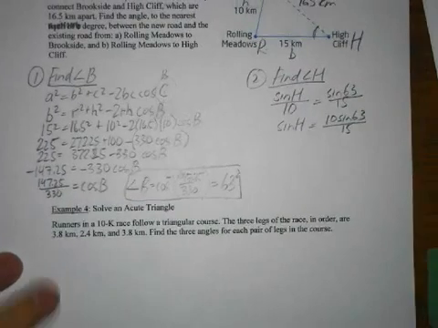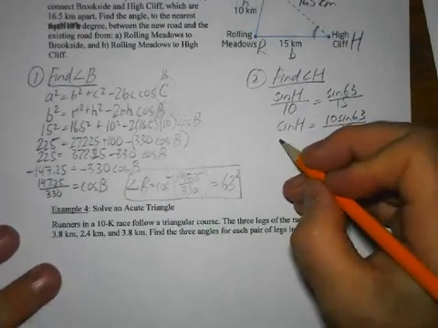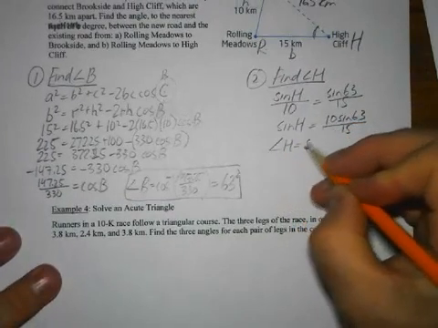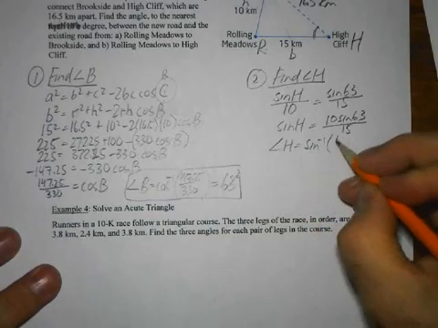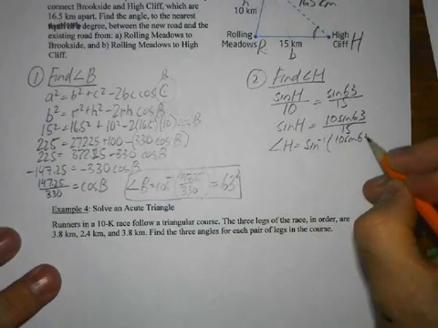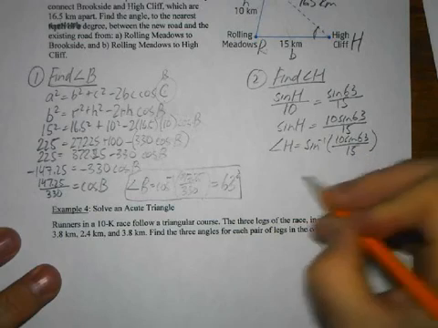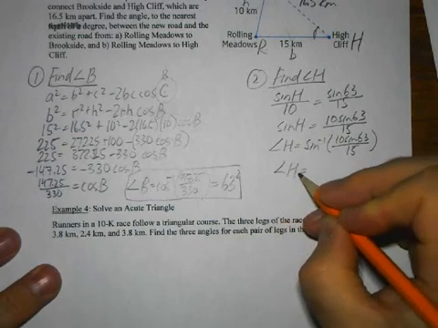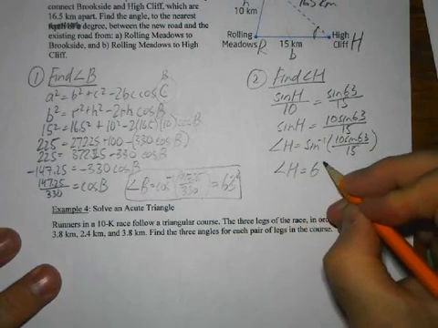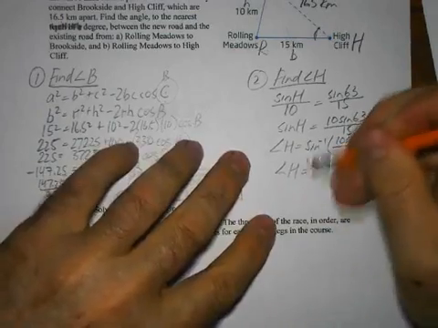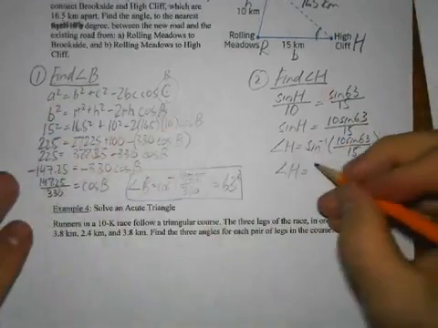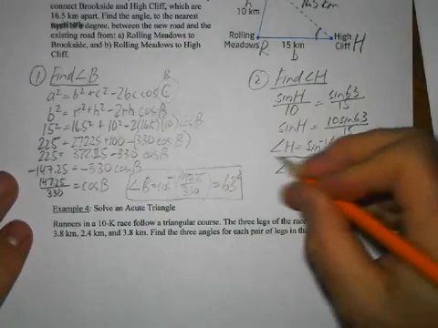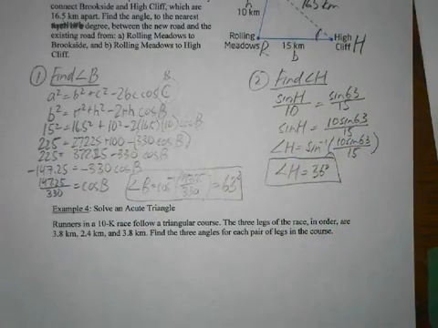And then angle h is equal to sine inverse of 10 sine 63 over 15. And when I do that, I get angle h is 36 degrees. Okay, so go back up here. This is now 36.